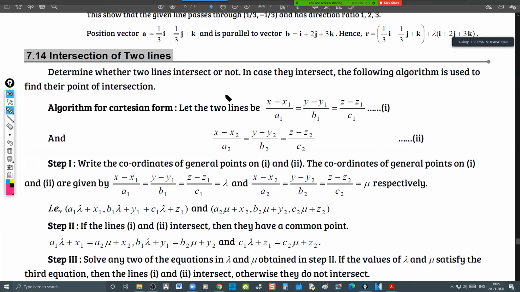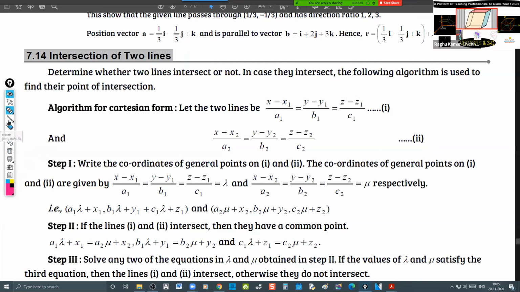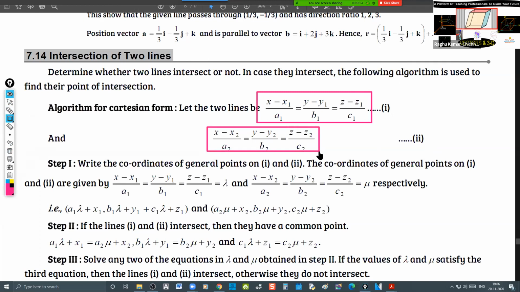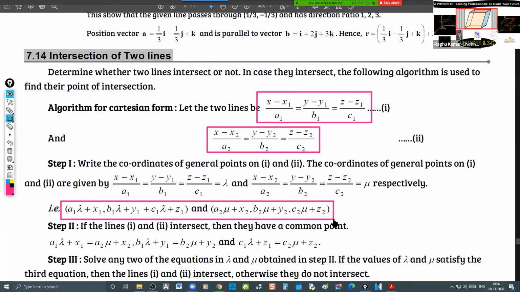Able to hear you. So if you take the first line, we will create a general point on this. If you take the second line, we'll create a general point on it. What does it mean by general point? These are arbitrary points which represent every point and any point on the line. For the first line, lambda is taken. For the second line, mu is taken. If they are intersecting, now we'll equate these two.